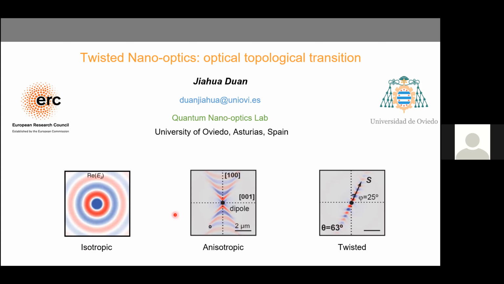But as Pablo just presented about anisotropic media, when we transfer into that, we have this concave wavefront, which is quite counterintuitive. And in another system, you can see we have this quite strange or exotic, highly guided propagation of the wave. So we can call it a twisted system.